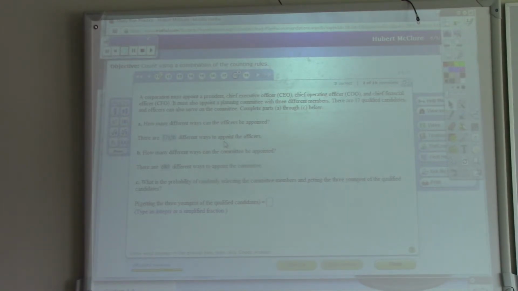Faculty attendance tracker. Really? This is getting old. That's good.